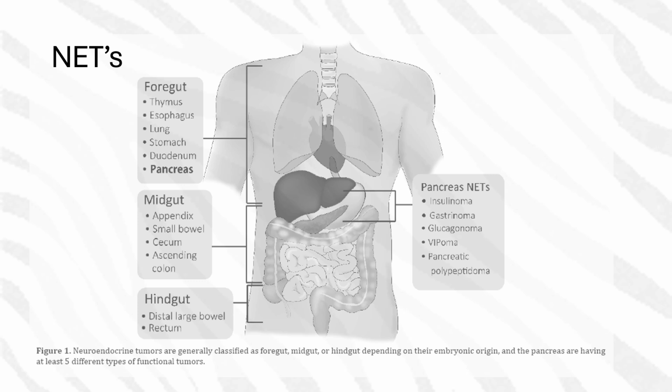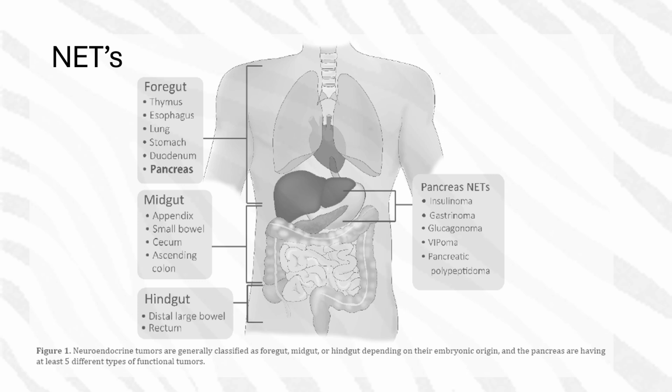Those are not necessarily part of the GI tract, but because of their embryonic origin, they're considered foregut. So the foregut ones are thymus, esophagus, lung, stomach, duodenum, and pancreas. In the midgut, you have the appendix, small bowel, cecum, and ascending colon. In the hindgut, you have the distal large intestine and the rectum.